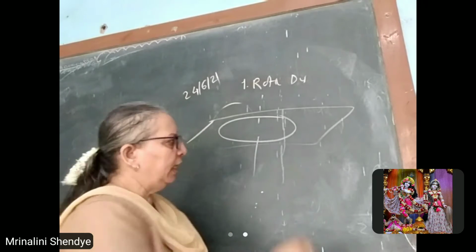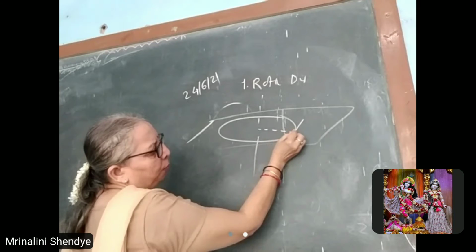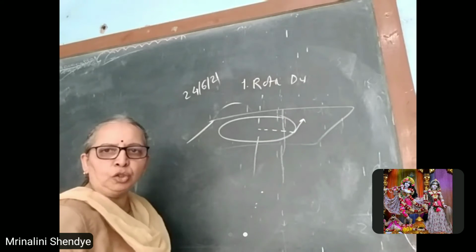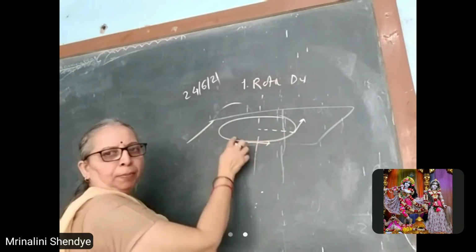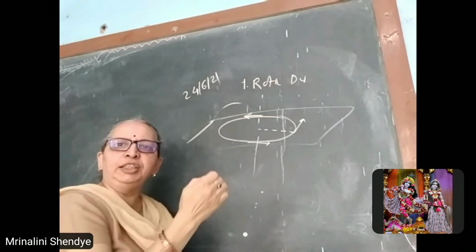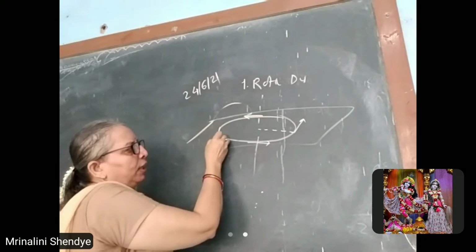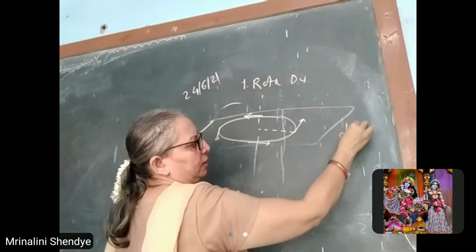Linear velocity is always tangential at a given position. So at this point, it is tangential to this circular path. At this point, is it tangential? So every time what happens? The direction of linear velocity changes.